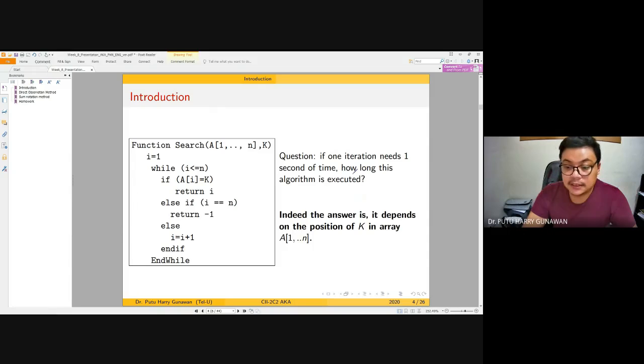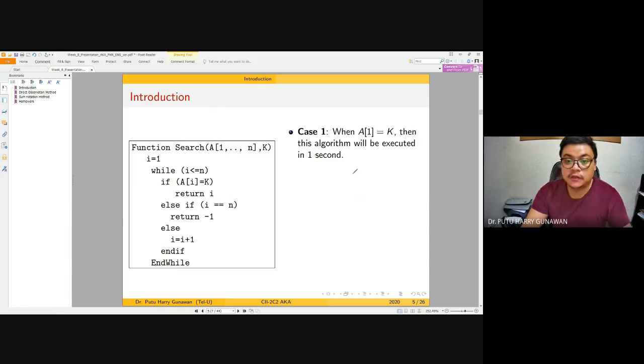The answer depends on the position: at index 1 it needs 1 second, at the second it needs 2 seconds, and so on.